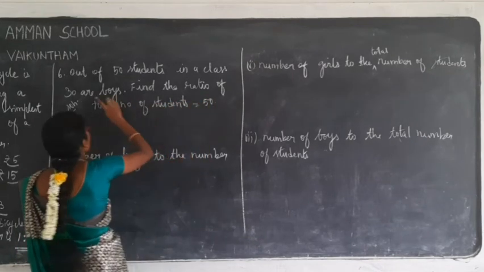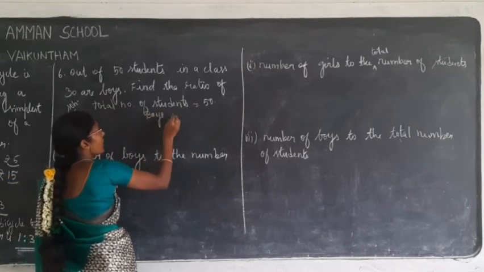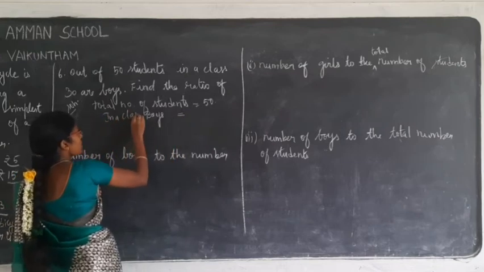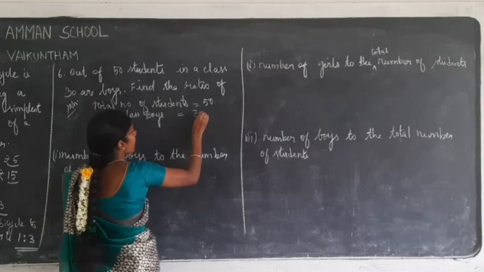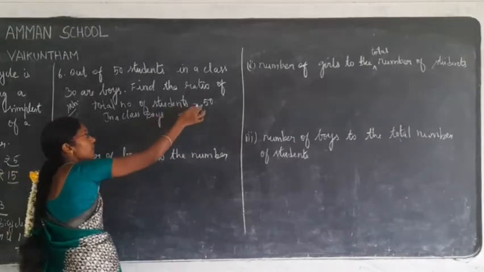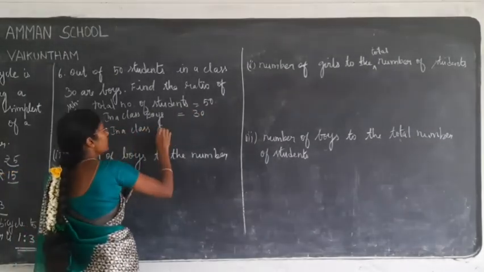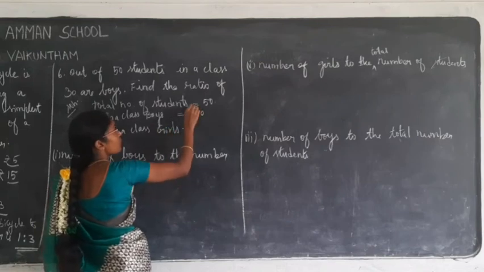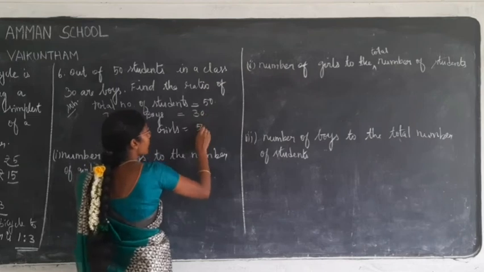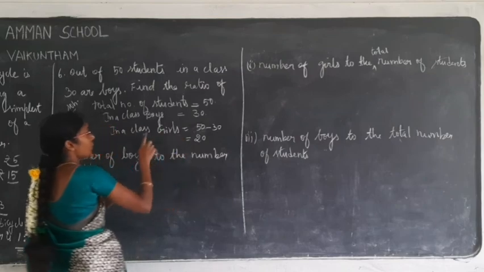Boys equal to 30. So 50 minus 30 equals 20. So 20 of them are girls.